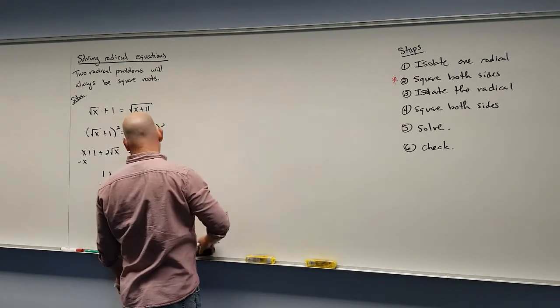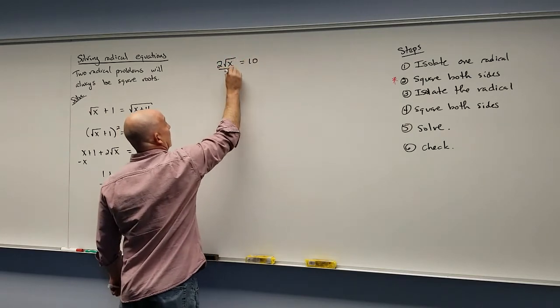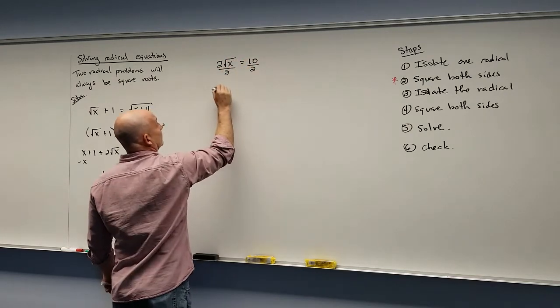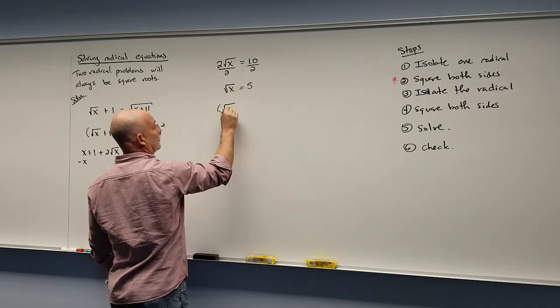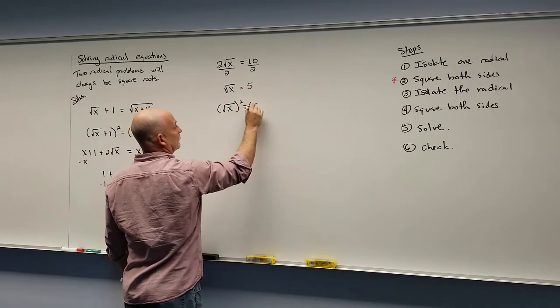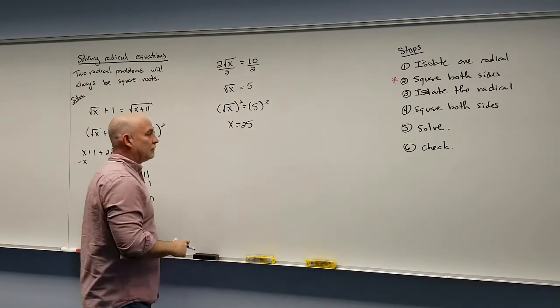But since the 10 on the other side is divisible by the 2, I'm going to go ahead and divide both sides by 2. So I get the square root of x is equal to 5. Square both sides again. This one ends up being pretty easy, so this is just x is equal to 25.